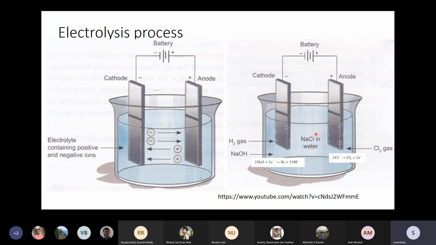Now the Cl minus ions and Na plus ions will be there.